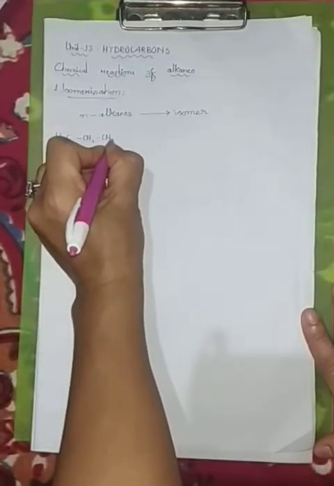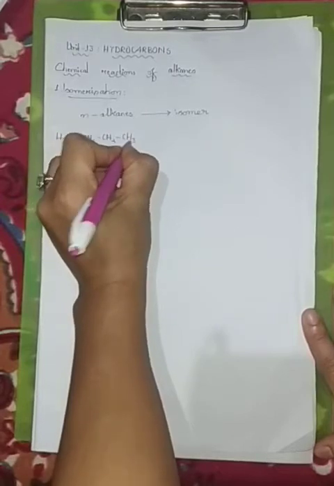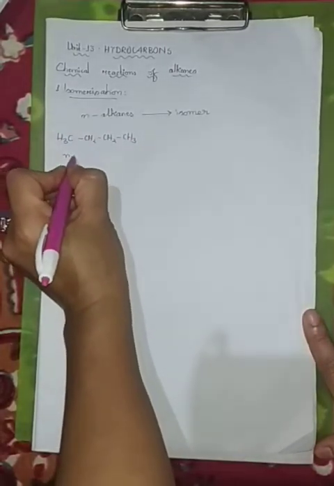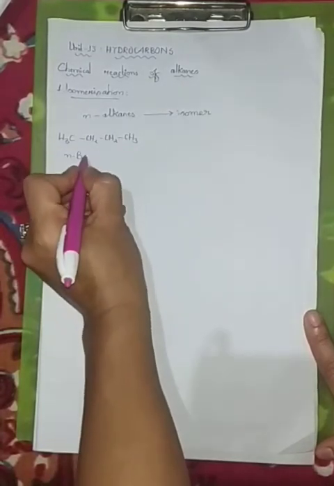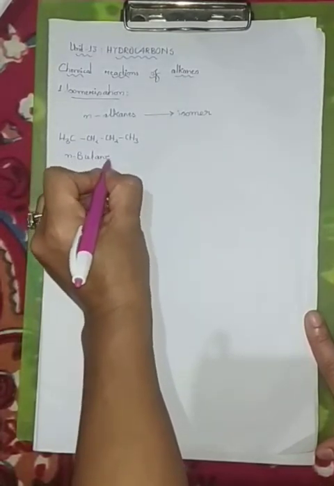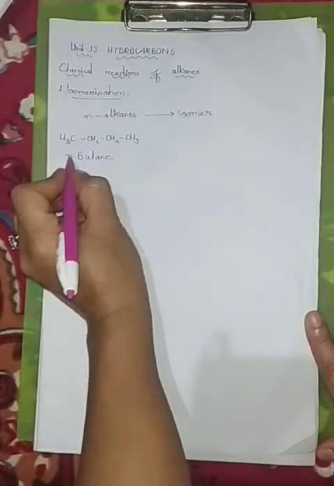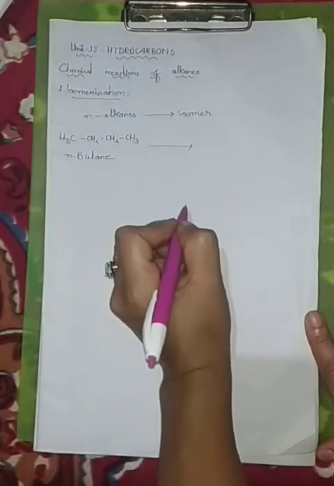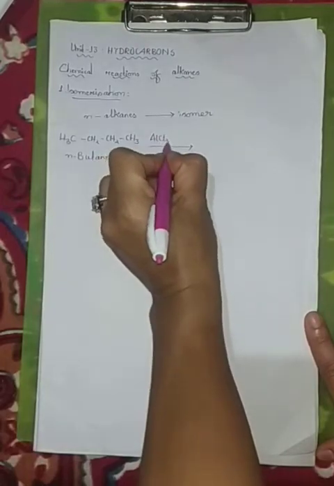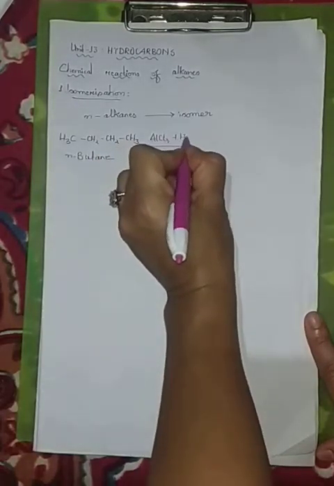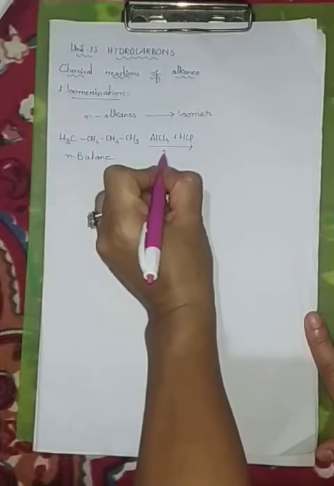CH3, CH2, CH2, CH3. This is our straight chain, 1, 2, 3, 4, 4 carbon atoms, therefore it will be butane. Straight chain isomer, this is our n-butane. For the isomerization reaction, the catalyst used is aluminium chloride, AlCl3, plus concentrated HCl on heating.